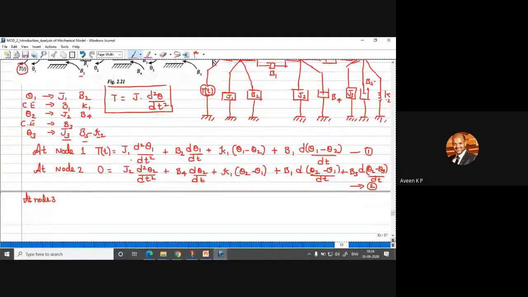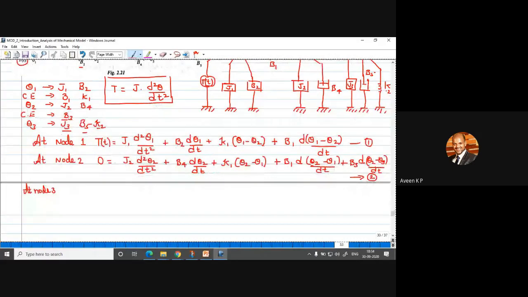If I start to write the equilibrium equation, on the LHS no torque is applied, so 0. And I have J3 multiplied by d square theta 3 by dt square, plus B5 times the differentiation of theta 3, sorry, it's not theta 5.